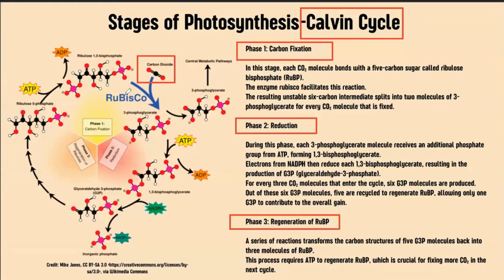Now we have ribulose bisphosphate, or ribulose 1,5-bisphosphate, or RuBP. So this is known as RuBP. And this is what we're talking about, the 5-carbon sugar.